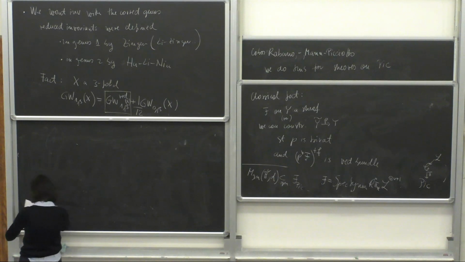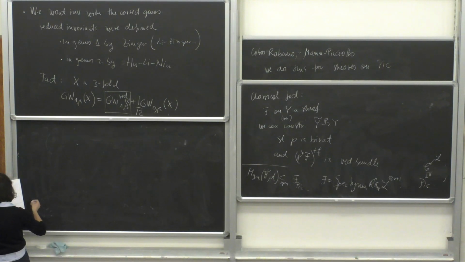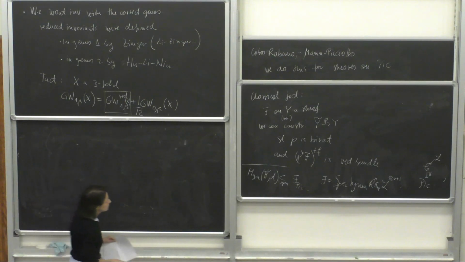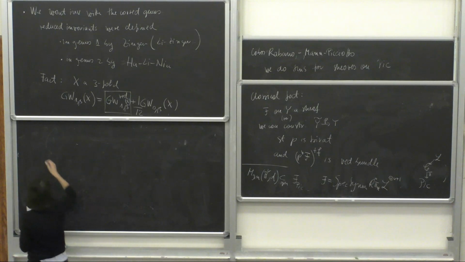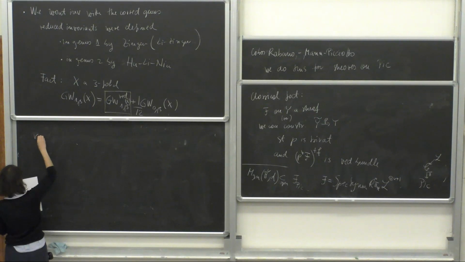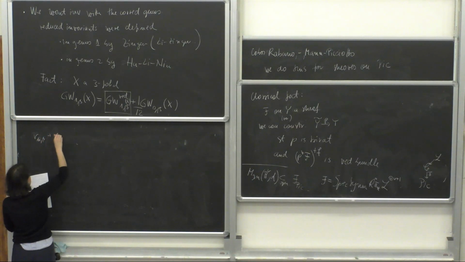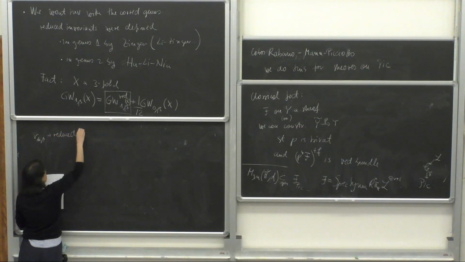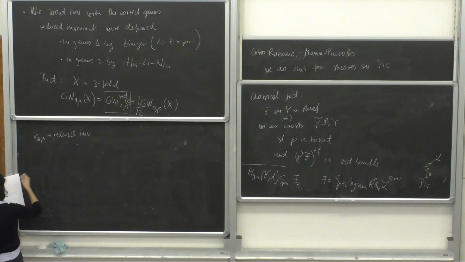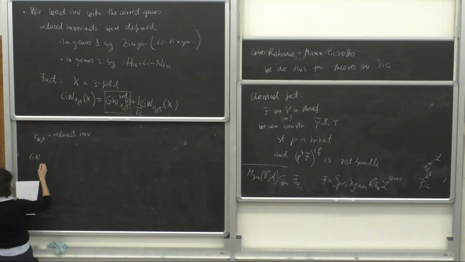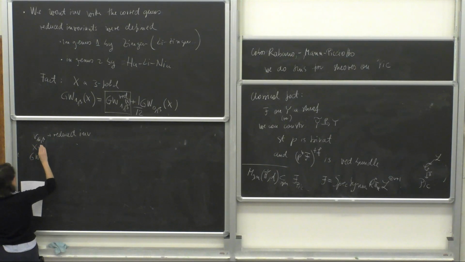I'll end up with the conjecture. So if I denote by R_H,beta these reduced invariants, and I say that X is a threefold.